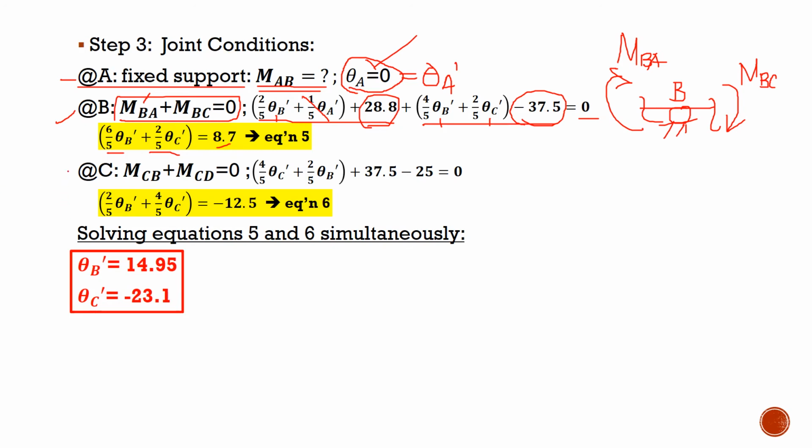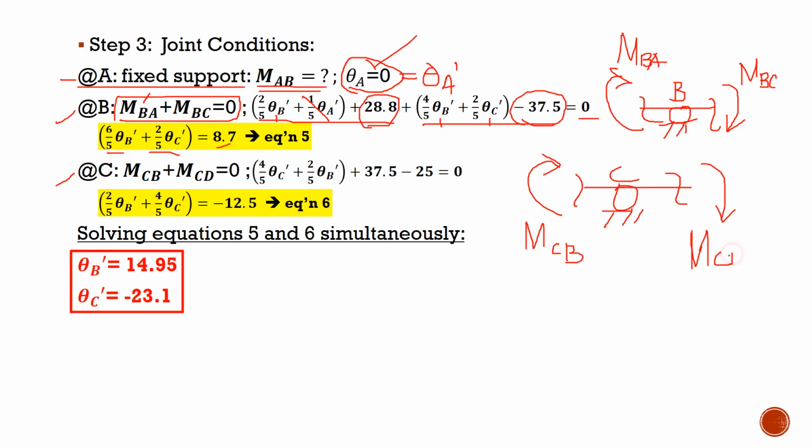Then lastly, at joint C. The same as with B, guys. This is joint C. Again, you have the moment at the left, which is moment CB, and on the right side is moment CD.